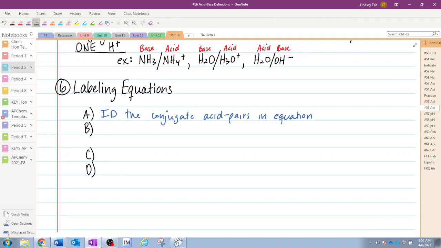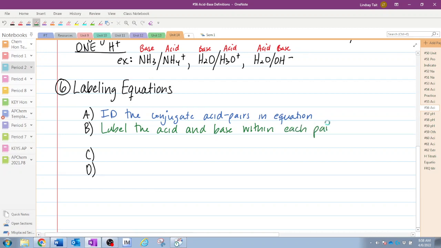Step 2, you're going to label the pairs. Just like we did here, you're going to label within each pair which one is the acid half of the pair and which one is the base. So we're going to label the acid and base within each pair. So this is where we're going to write it.